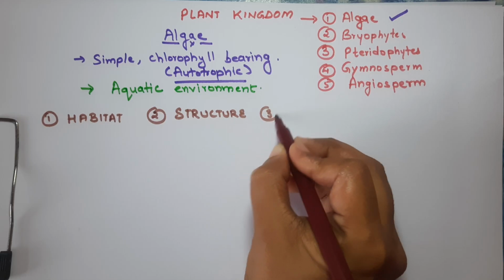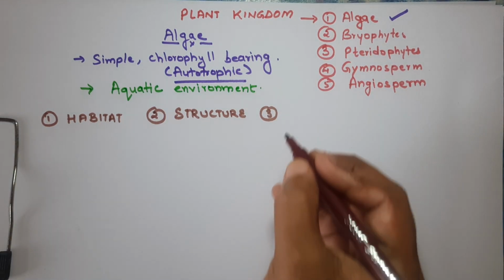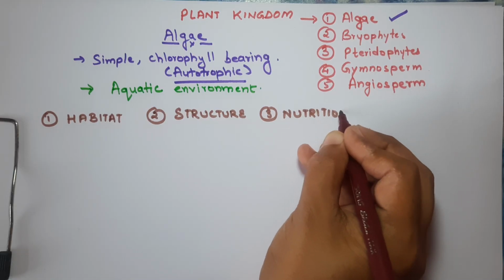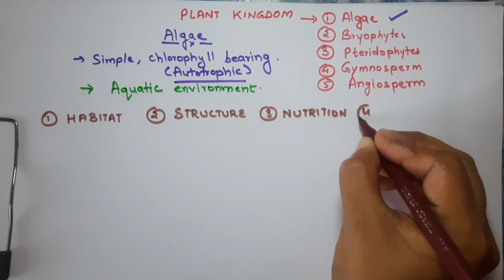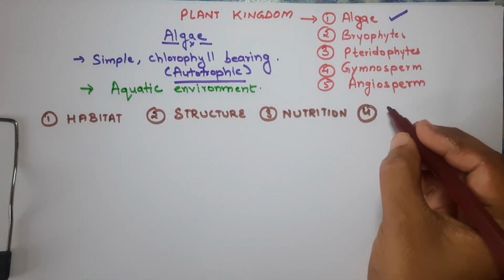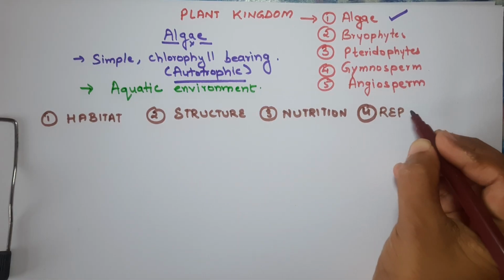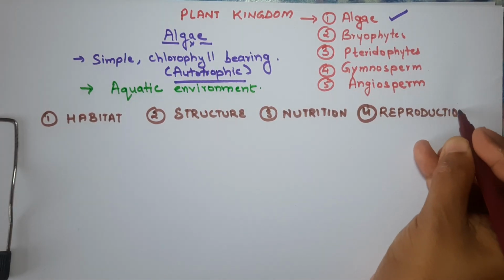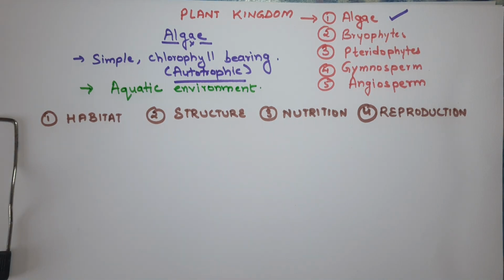The third is their mode of nutrition. Students, this is very important, you have to know this. These questions are often asked in the examination for 1 or 2 marks. And the last one is their reproduction. So now let's start with the habitat first.